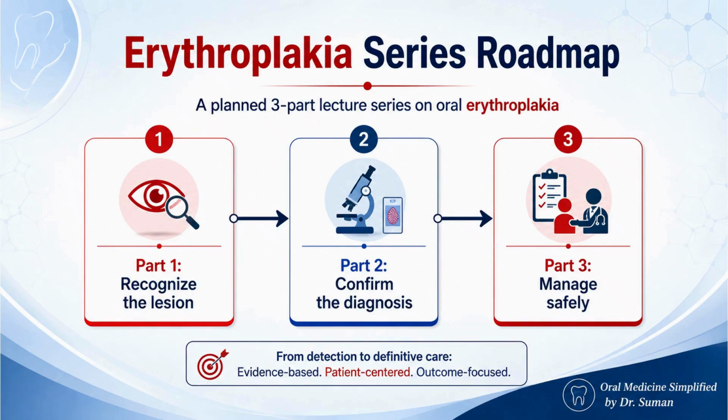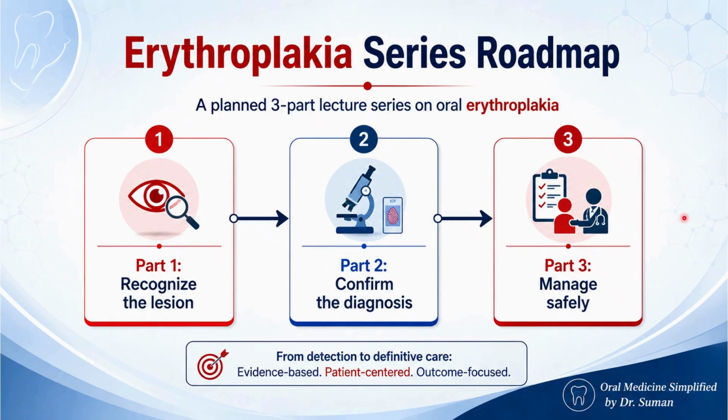This roadmap shows how the erythroplakia series is structured. In part 1, we recognize the lesion. We will discuss what erythroplakia is, how it presents clinically, what risk factors are important, and how it differs from other oral lesions. In part 2, we confirm the diagnosis. That lecture will focus on history taking, clinical documentation, biopsy planning, and histopathology.